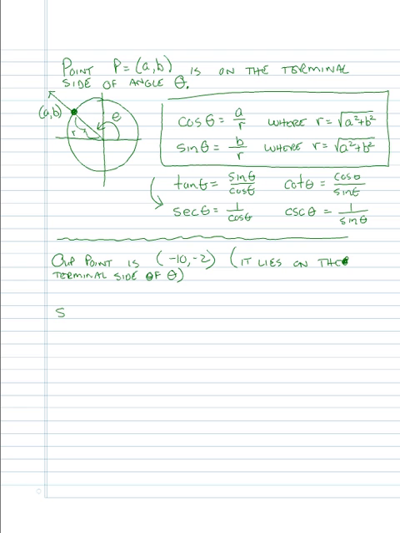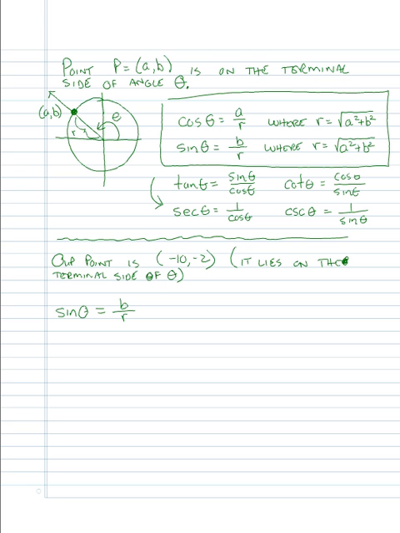So we want to know what the sine of theta is, or the cosine of theta. Okay, the sine of theta. Well, the sine of theta from above is the second coordinate divided by r.